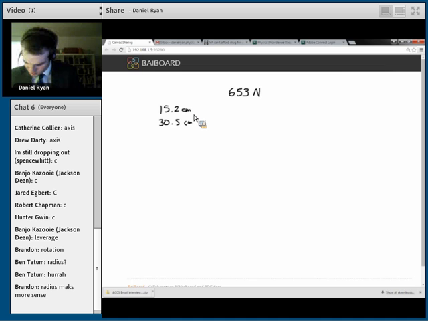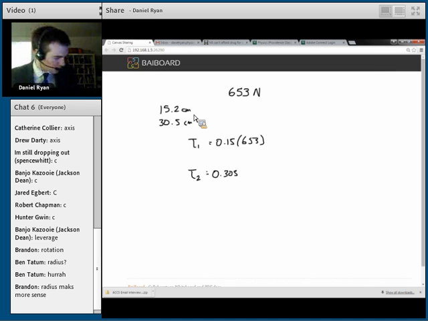Let's calculate these two torques, torque 1, torque 2. Convert these into meters. Usually I write the force first, but whatever. I'll write the lever arm first, 0.305 times 653. This is an example to compare different torques.